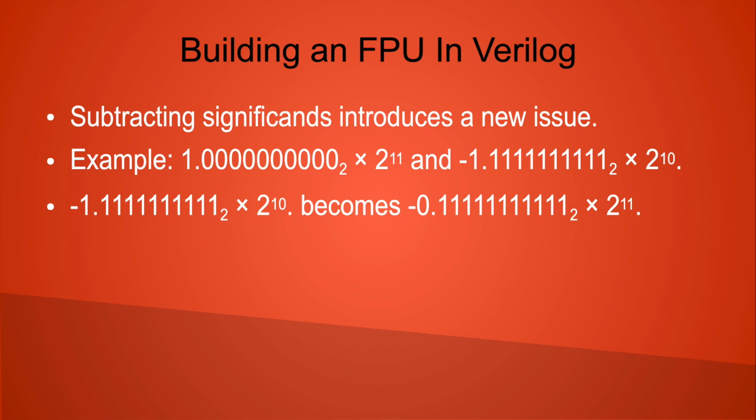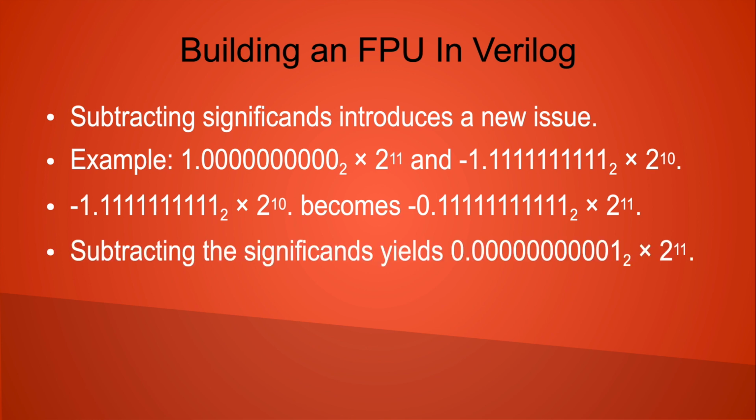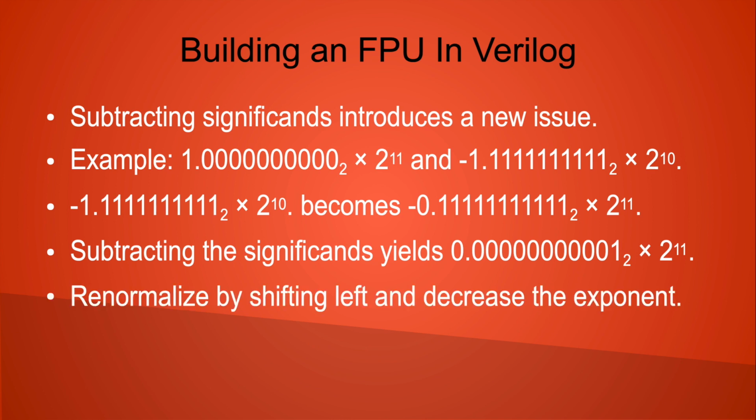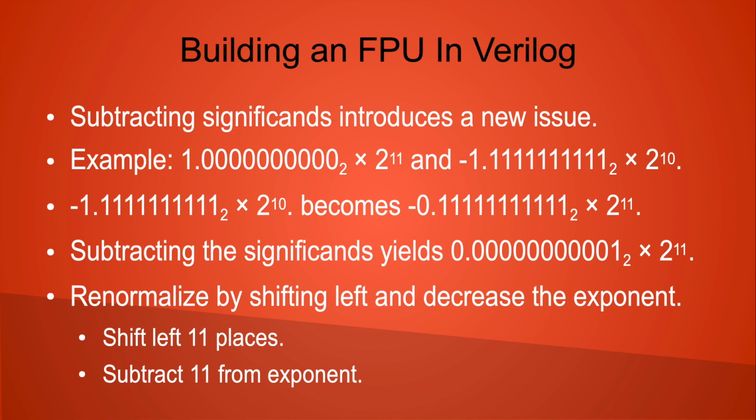Adding 1 to the exponent of the second number and shifting its significand one place to the right, we get negative 0 point followed by 11 ones times 2 to the 11th power. When we subtract the two significands, we get 0 point followed by 10 zeros followed by 1 times 2 to the 11th power. This time, instead of renormalizing by shifting the significand right and incrementing the exponent, we need to shift the significand left and decrease the exponent.